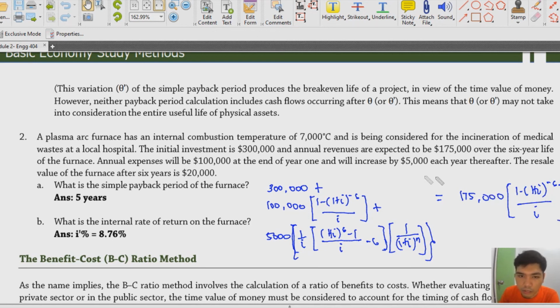And then, what else do we have here? So, we have a salvage value of 20,000. So, unlike before when we did not include it, now we can include it because this is more on finding our IRR. So, you're just finding the I. Okay, now this problem, if you notice, we cannot put this in our calculator.